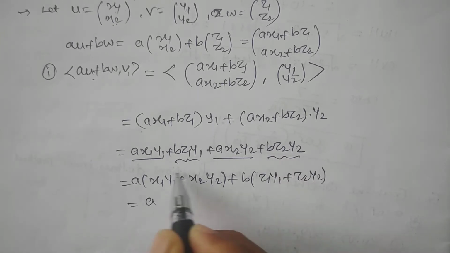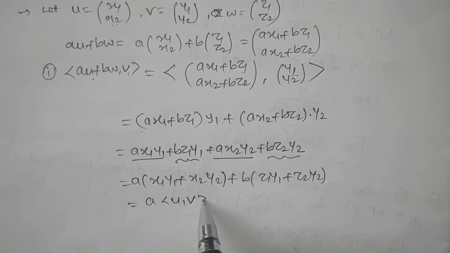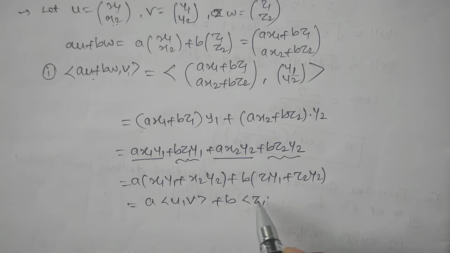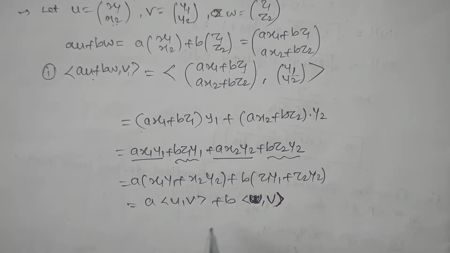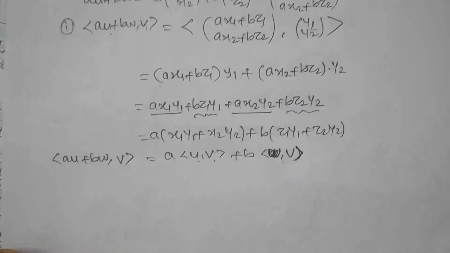So this is a into inner product of u comma v plus b into inner product of, it is w comma v, not z. That means the first condition gets satisfied. Inner product of au plus bw comma v is equal to a into inner product of u comma v plus b into inner product of w comma v.